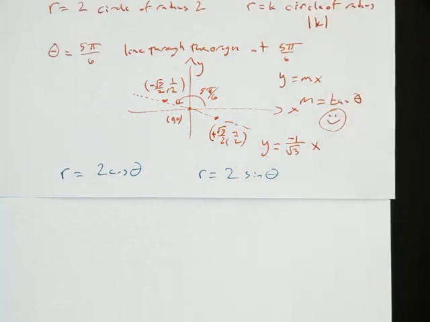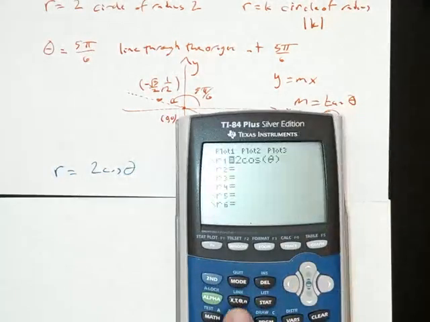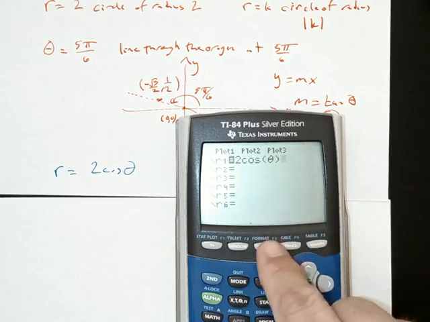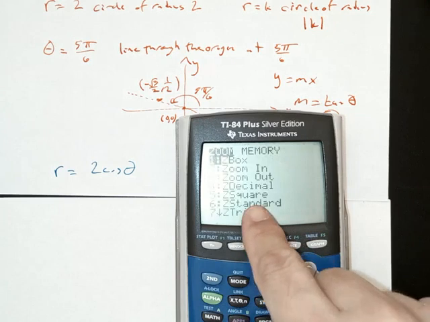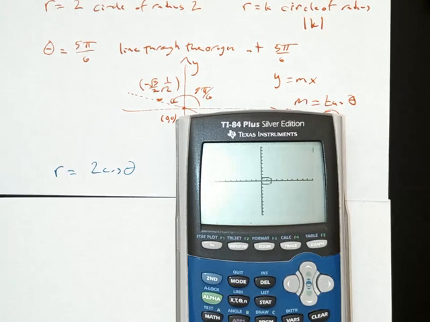So go ahead and graph r equals 2 cosine theta. Please notice that this button, X,T,theta,n, will give me a theta automatically, just like it gave me an x or a t. If I graph that on the standard window, and I'm going to hit zoom 6 to make sure I'm on the right window, the picture looks like this.